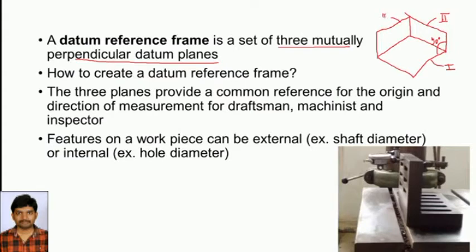Now we have to keep the workpiece which is to be inspected in this frame, and then we should use these three reference planes as references or datum surfaces, and then take the measurement.